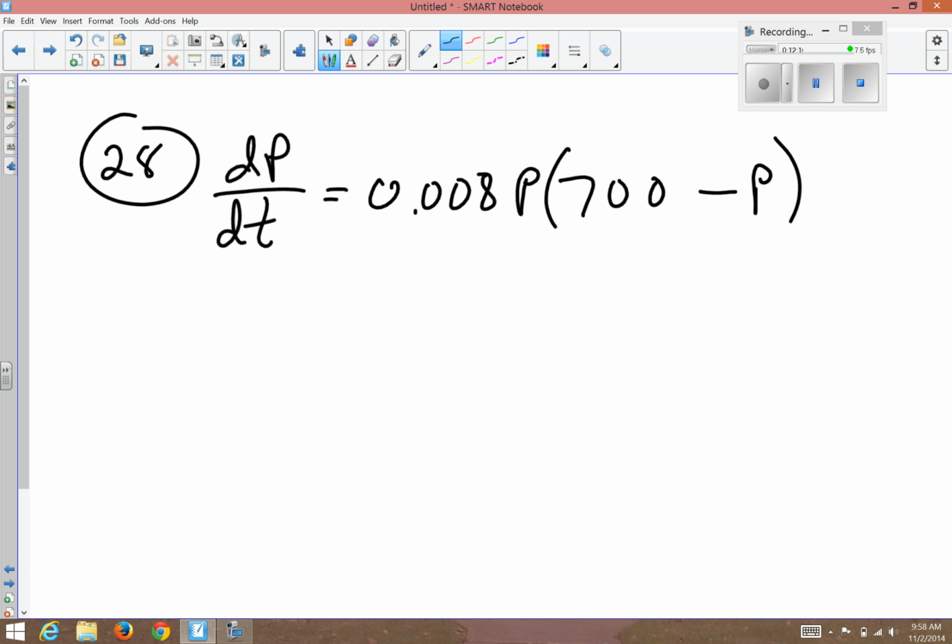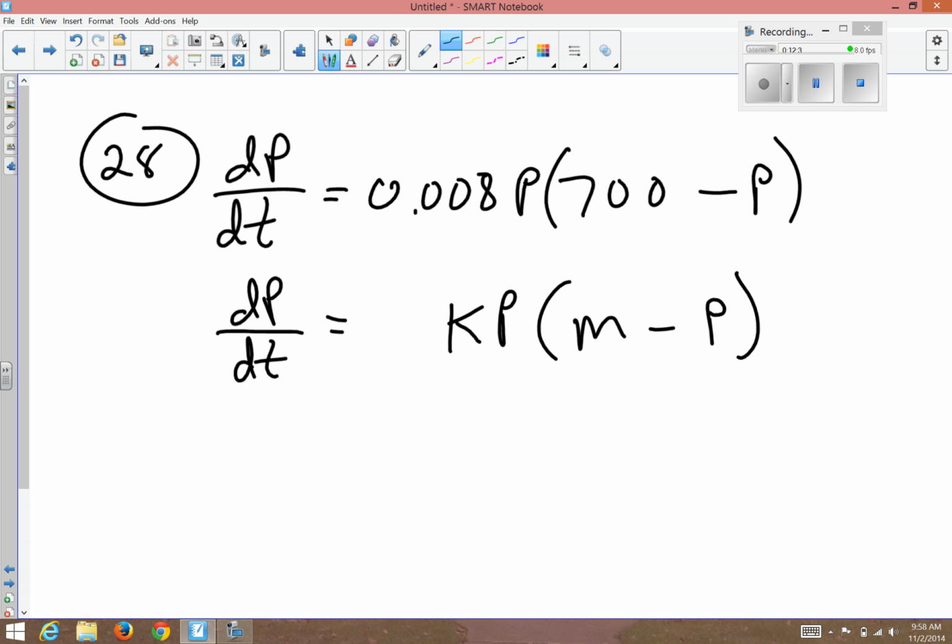And when a differential equation has this form, which is on a handout you have, the differential equation has the form dP/dt equals kP times (M minus P). This is what we mean by logistic growth. It means this differential equation.